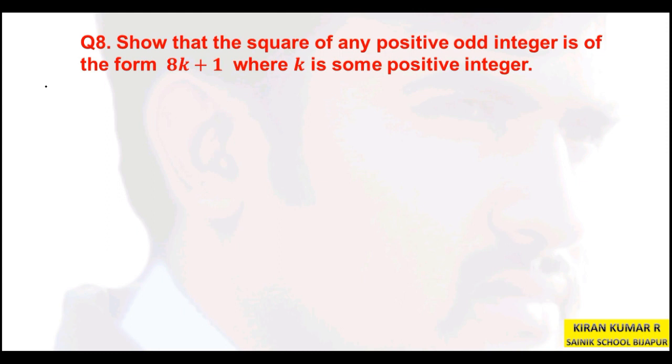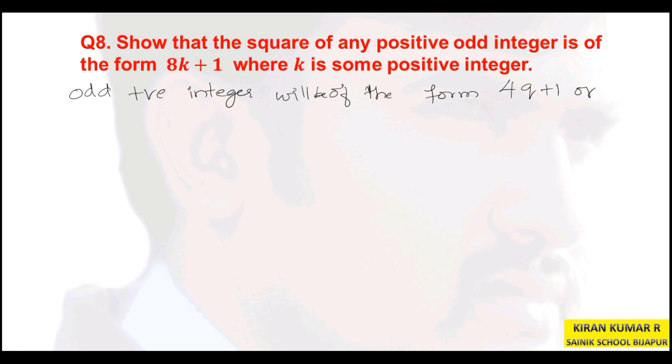From the previous question, we have learned that odd positive integer will be of the form 4q plus 1 or 4q plus 3, for q some positive integer.